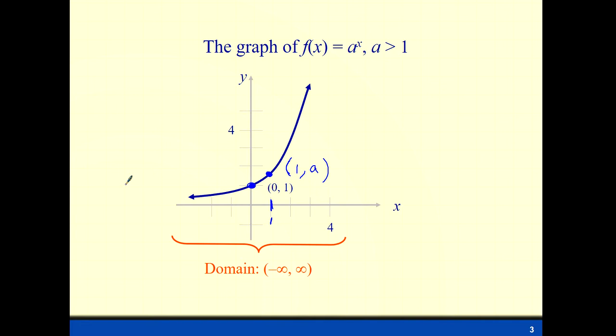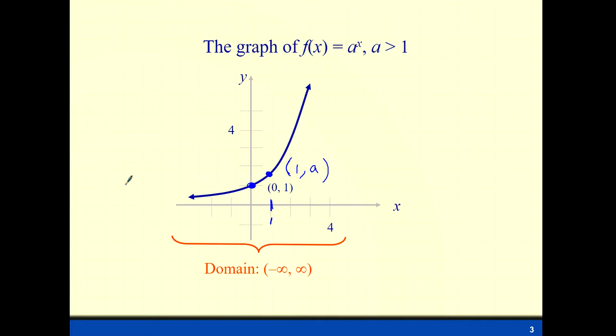Because whenever you plug in 1 for x into the exponential, your y value is going to be whatever a is. So when you plug in 0, it's always going to be (0, 1). When you plug in 1, it's going to be (1, a). So when we do graphs and transformations, those points are basically the only points that I'm going to be looking at.